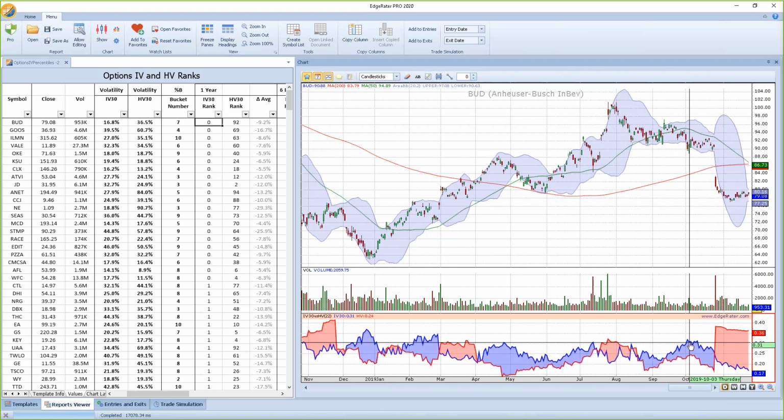Now, expected moves are an interesting topic. What it means is the premium that you're paying for your options implies a move of a certain magnitude. It doesn't mean that the stock's definitely going to make that number in 30 days' time, or that it's going to be at a certain level in 30 days' time, obviously. That would be good to know.